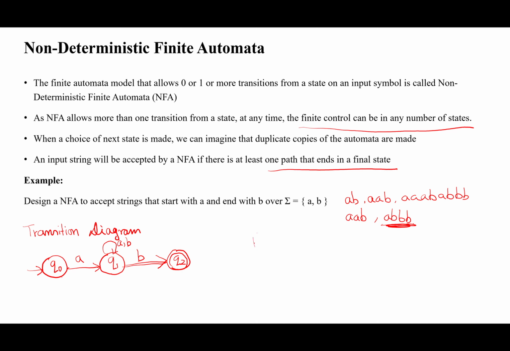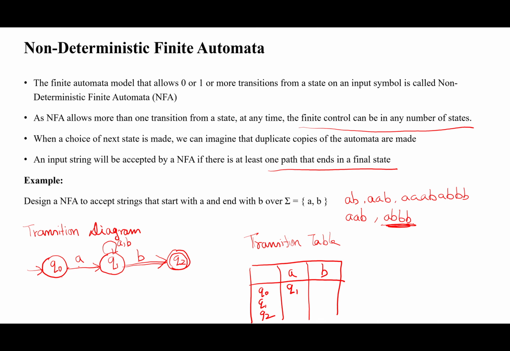Then how will you write the transition table? The states are Q0, Q1 and Q2, then A and B. So what is Q0 comma A? It is going to the next state Q1. Then what is Q0 comma B?